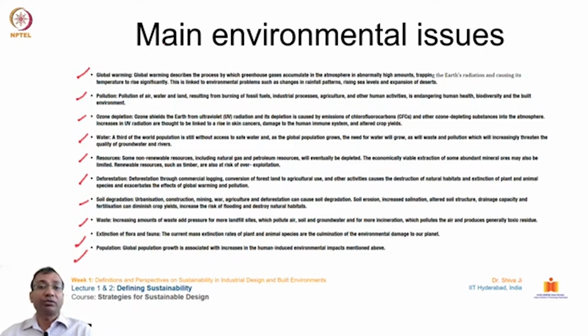So that is ozone. Ozone depletion is one phenomenon which has caused severe distress on the species of this planet, in terms of how they are going to survive in the future. And of course water, different other resources, deforestation, soil degradation, waste, extinction of flora and fauna, and of course the tremendous growth being observed in the population.